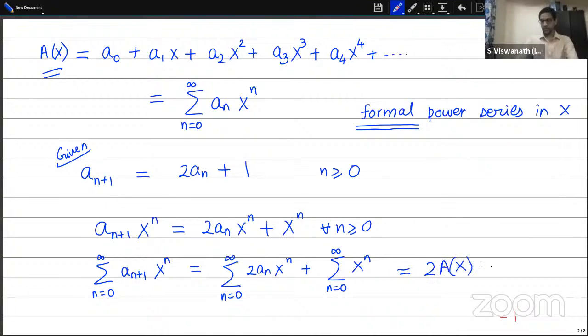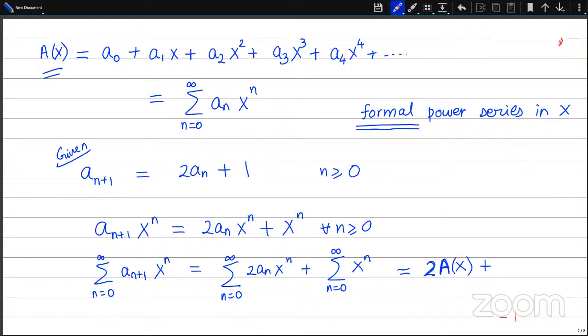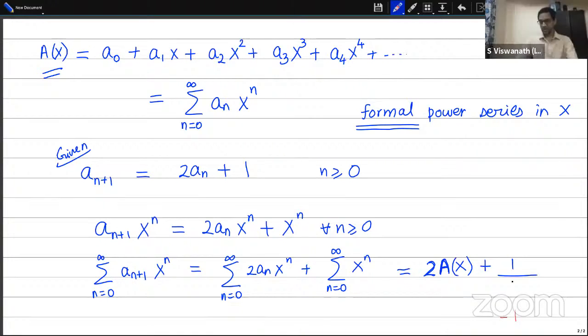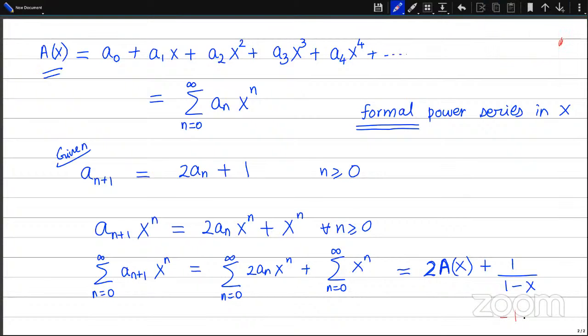And this second term, summation x to the power n going from 0 to infinity, what does that remind you of? It's the geometric series, 1 over 1 minus x, but provided mod x should be less than 1.